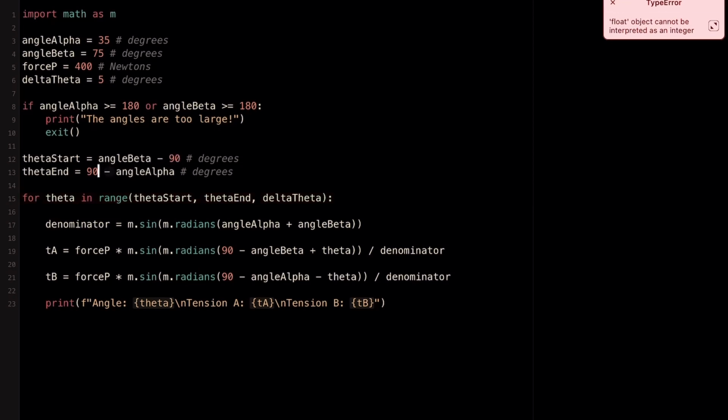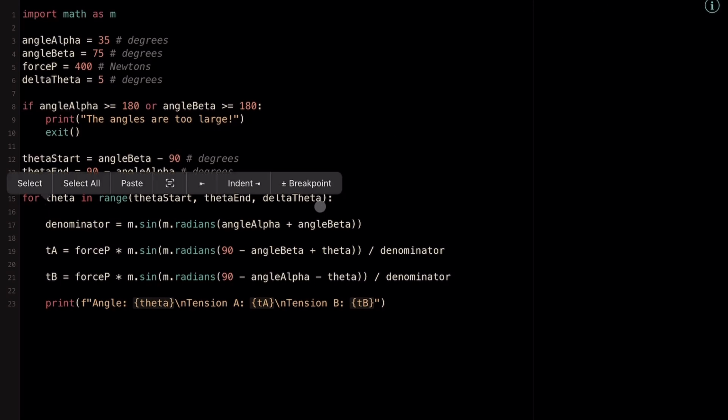I can do the same thing here for theta end, and that should hopefully fix the problem. Again, this range function can only take in integer values, not float values. So this should hopefully work. Let's clear this error, save it and try again.